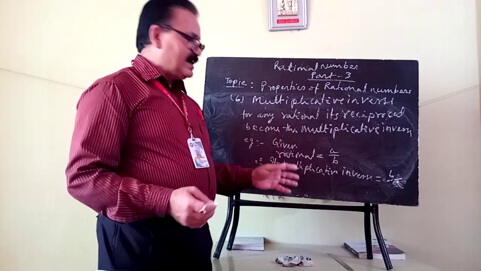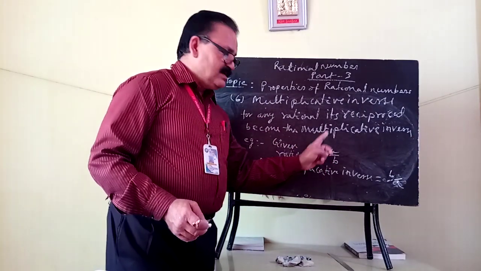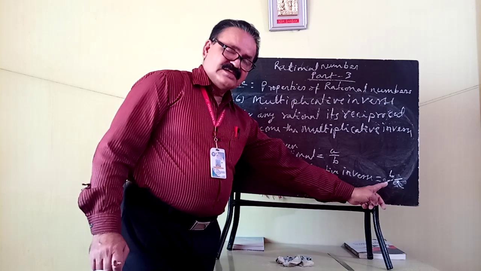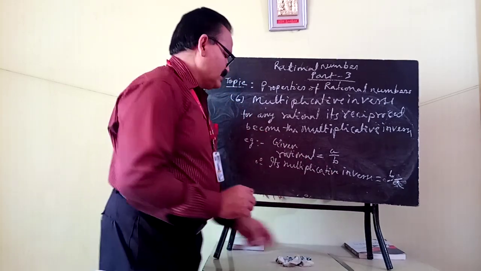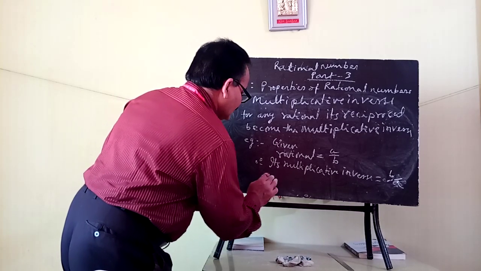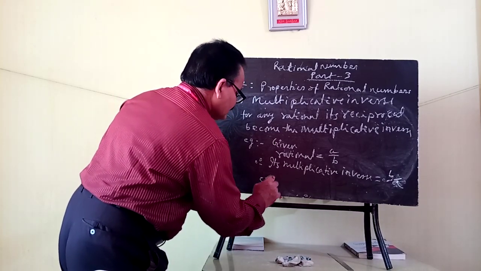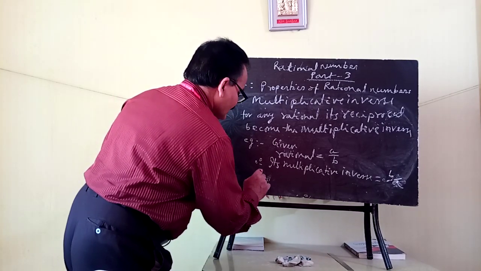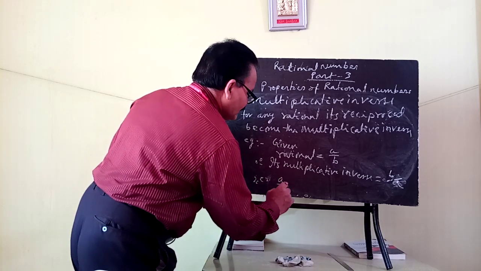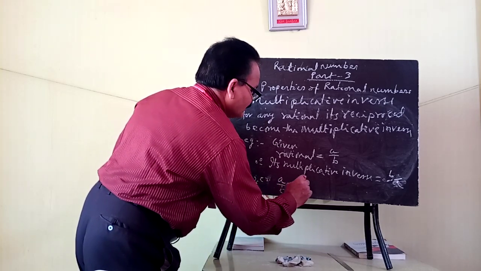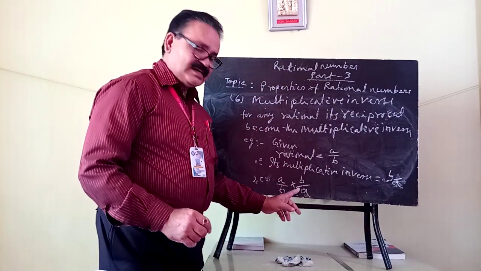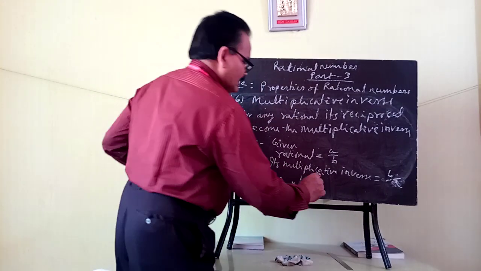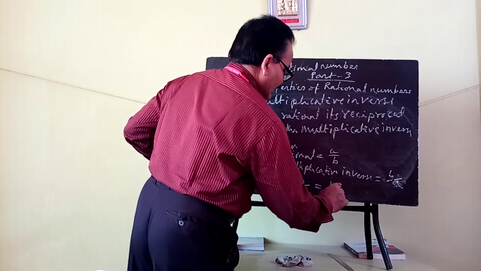When you multiply the given rational with the reciprocal of the given rational, then the product becomes 1. That is A by B multiplied with B by A. This B by A is the multiplicative inverse of A by B. Then the final answer becomes 1.